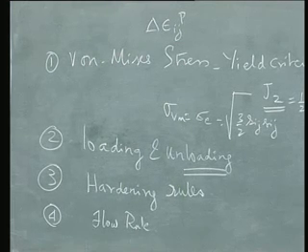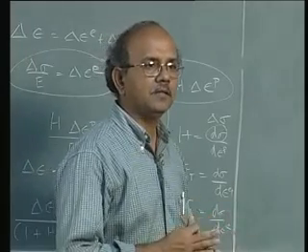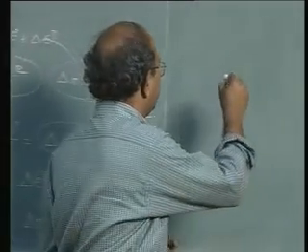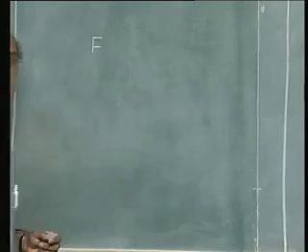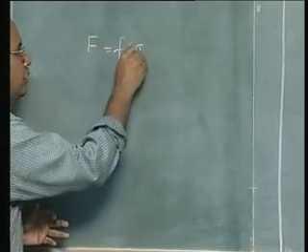Now what is this yield criteria? If you go back and look at the Mises yield criteria, it can be written as, say, capital F, which is a function of sigma.